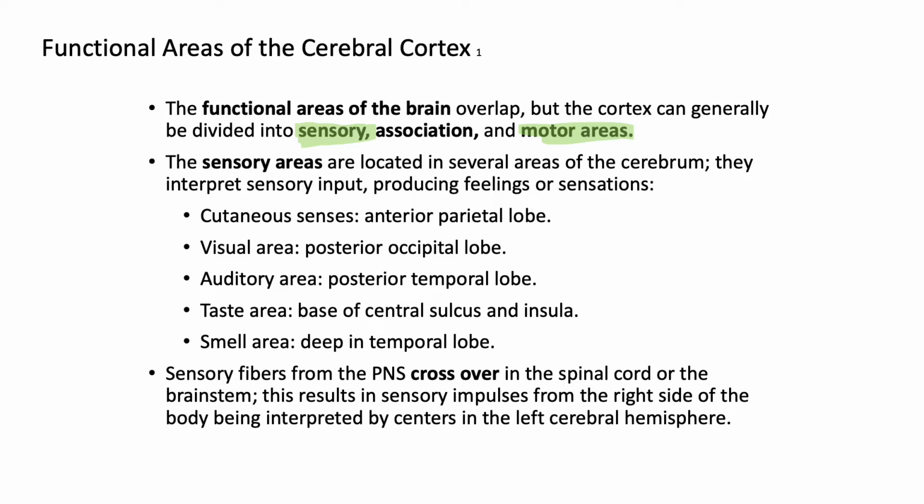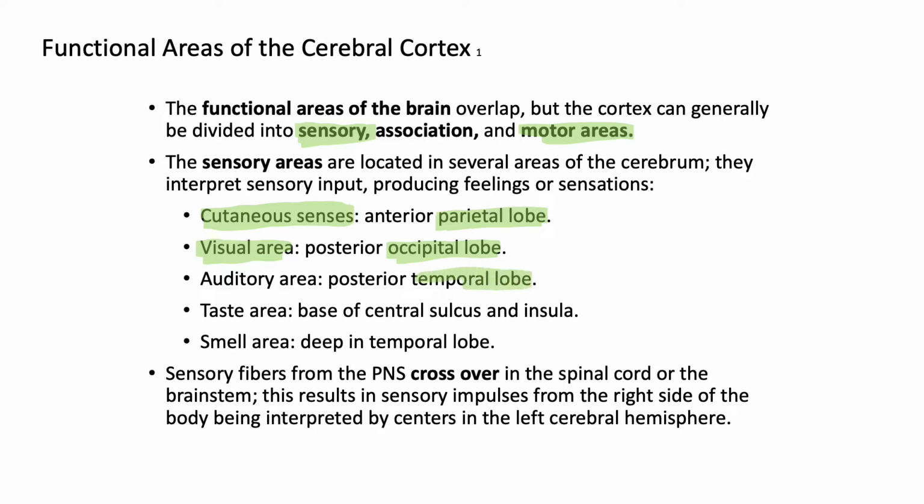So which part of the cerebral cortex is responsible for interpretation of various sensory information coming from different parts of the body? So first of all, sensory information coming from the skin, which is also called cutaneous senses, is sensed in the parietal lobe. Occipital lobe interprets sensory information coming from eyes, visual area.